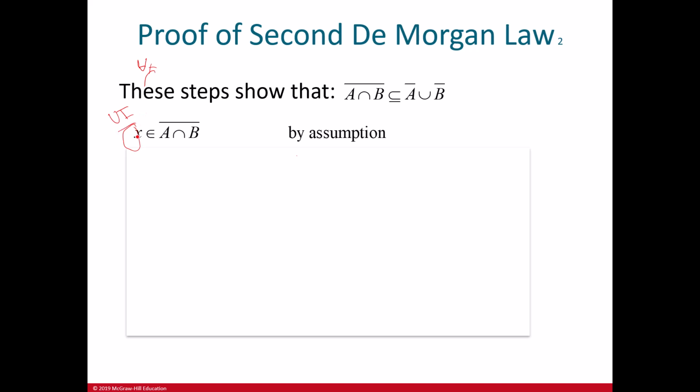But this is an example of universal instantiation. Okay, so we pick some arbitrary element. Because it's true for anything in the domain, we're going to pick x. But here's the crucial part: x is in the domain. x is in U, right? So we're going to pick that and say, okay, assume it is in this, all right?